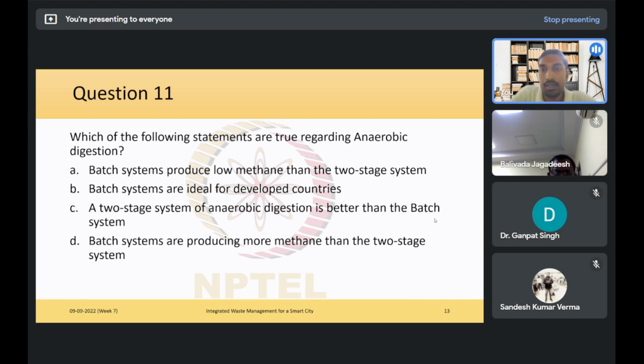So, what do you think are the statements which are true about the anaerobic digestion process? We looked at these two types of systems, right? One is the batch system, other is the two-stage system.